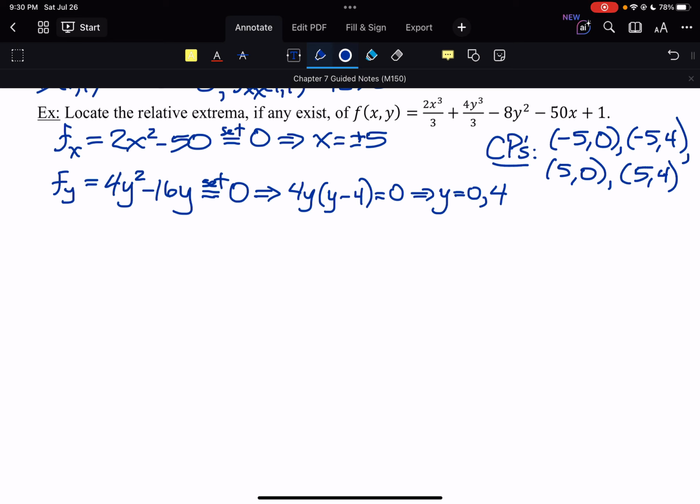Now, in order to test them, we need to take the second derivatives, the second partial derivatives. So we have fxx, that's going to be 4x. Fyy is 8y. And fxy is 0.